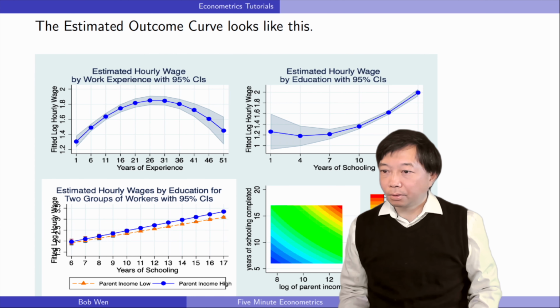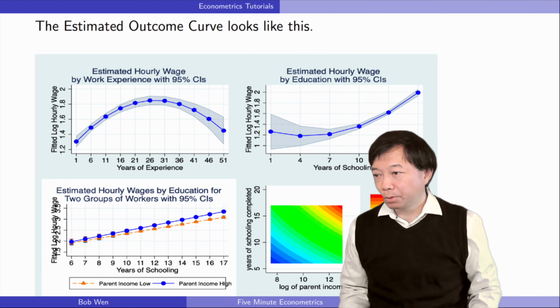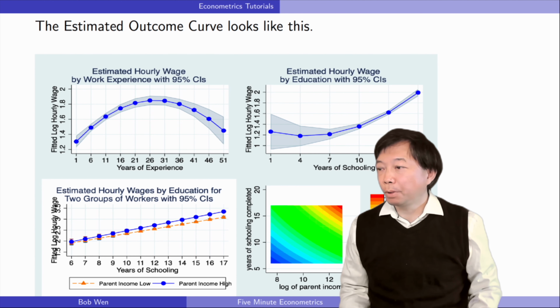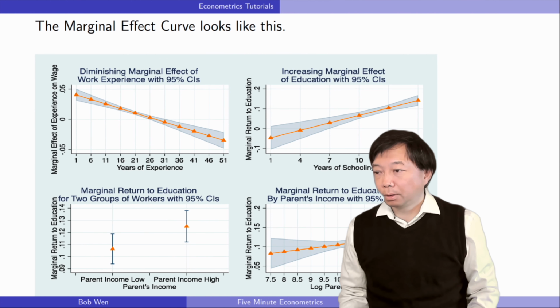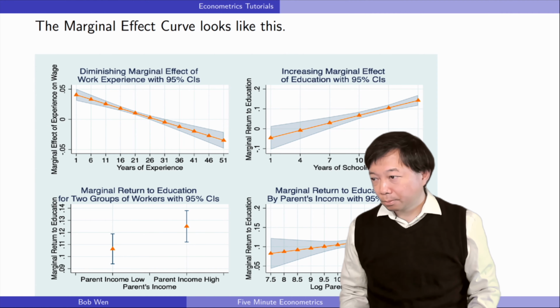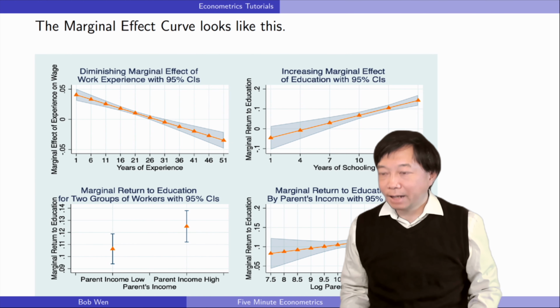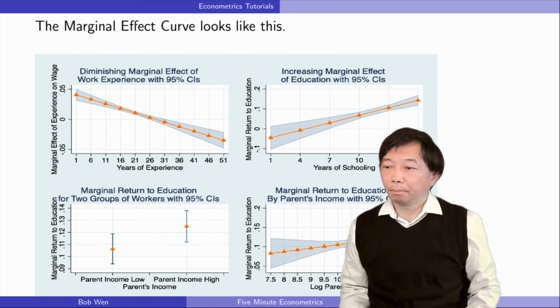To visualize the estimated outcome variable, we use Stata's margins command with add options and Marginsplot, or the contour plots for interactions between 2 continuous variables. To graph marginal effects, we use the margins command with dy/dx option and then Marginsplot.